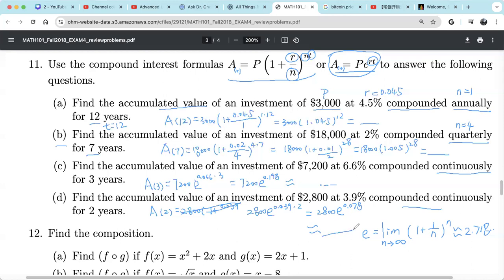That will give you the approximate value, leaving 2 decimal places. All right, so this is a real-life application of exponential functions.